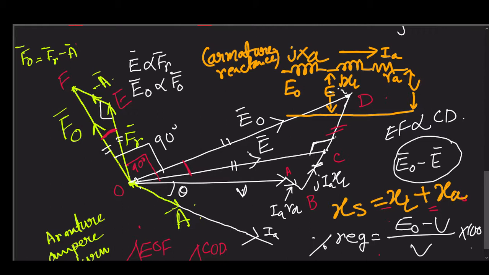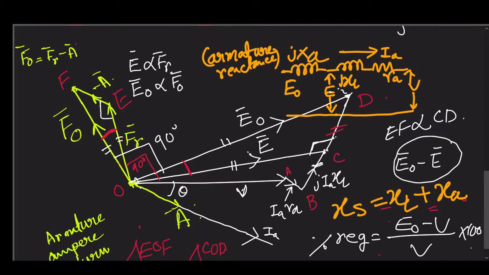What we observe is that whatever regulation value we calculate in this way is higher than the actual regulation. Why so? Because in your actual machine, when you go for F naught, E naught is in no way proportional. It is difficult to realize E naught that is proportional to F naught, because generally our machines are designed to operate at the knee point of the BH curve.